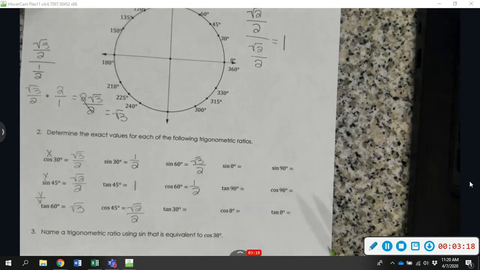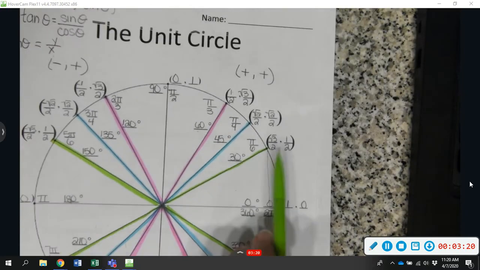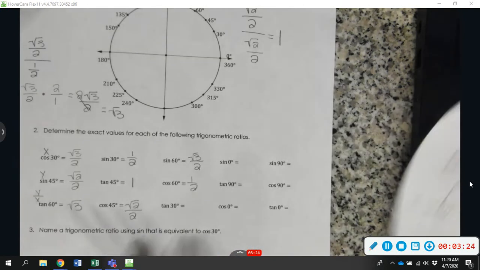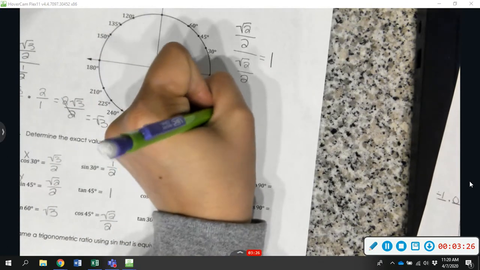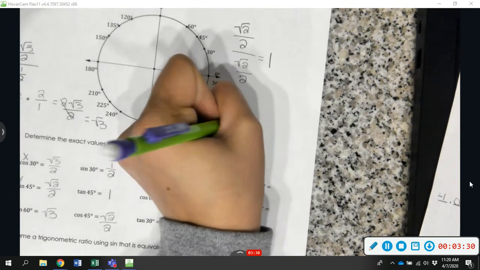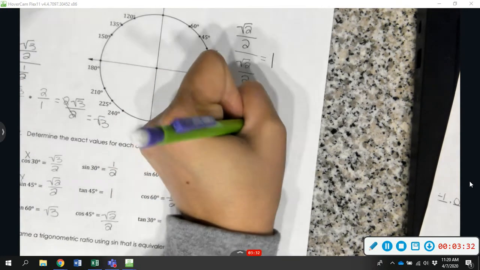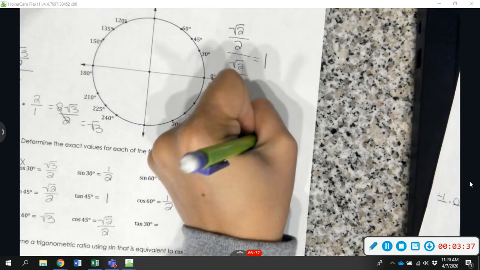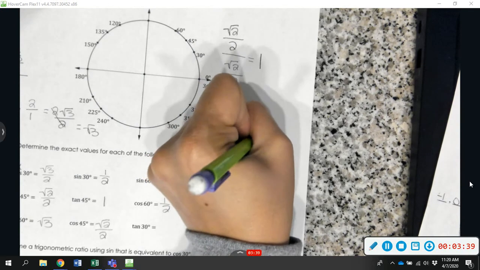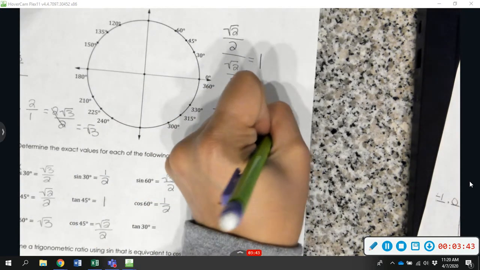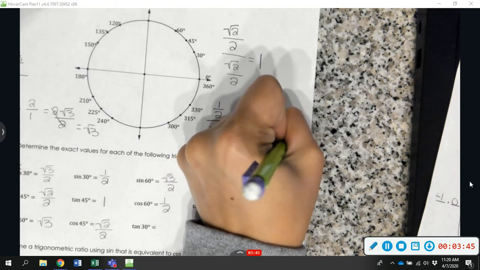Tangent of 30, so tangent, I'm going to take 1/2 and I'm going to divide it by rad 3 over 2. 1/2 divided by rad 3 over 2. Again, we keep the first one the same. We change to multiplication. We flip the second one. That gives me 2 over 2 rad 3.